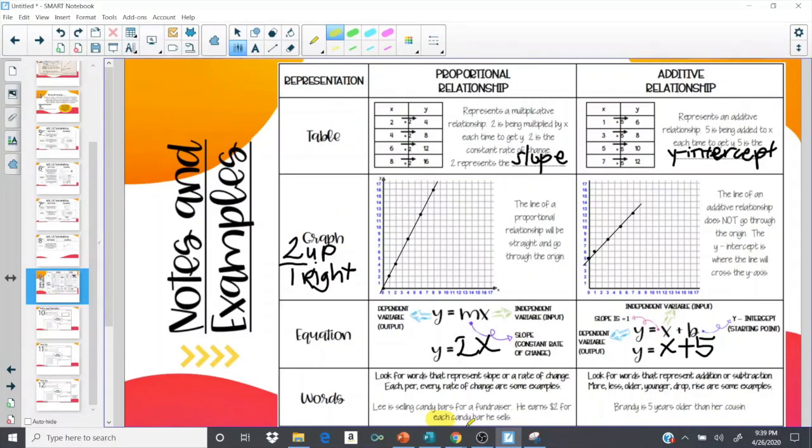Some examples are more, less, older, younger, drop, rise, things of that nature. An example is: Brandy is 5 years older than her cousin. Which means you would keep adding 5 years to Brandy's cousin's age to figure out how old Brandy is.